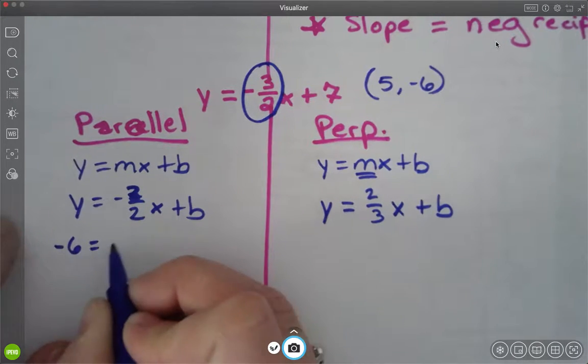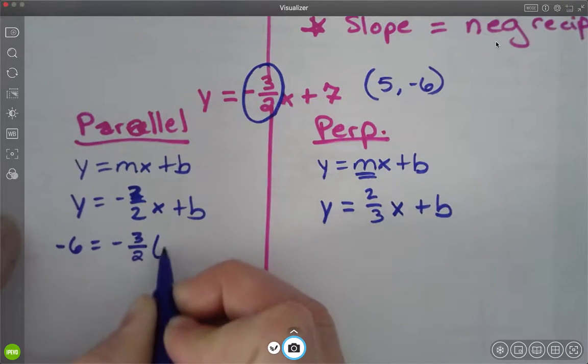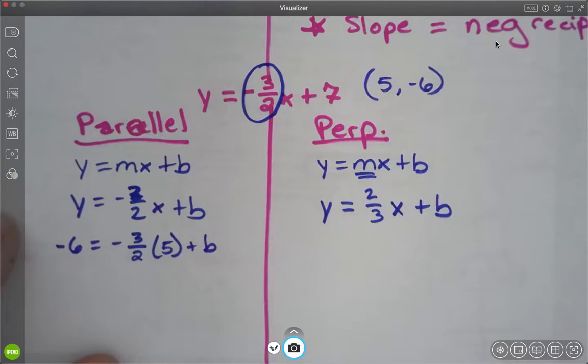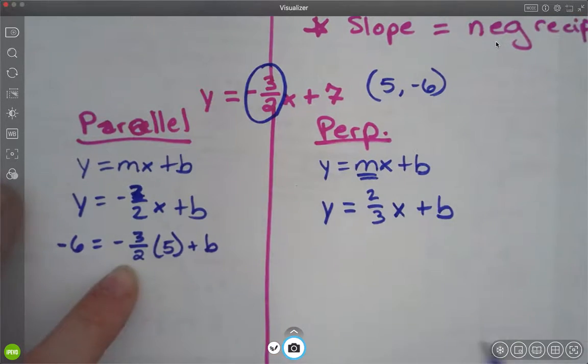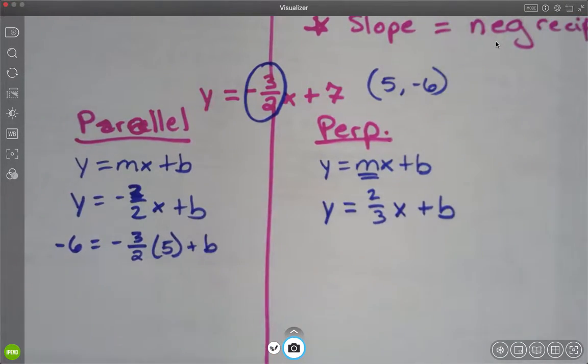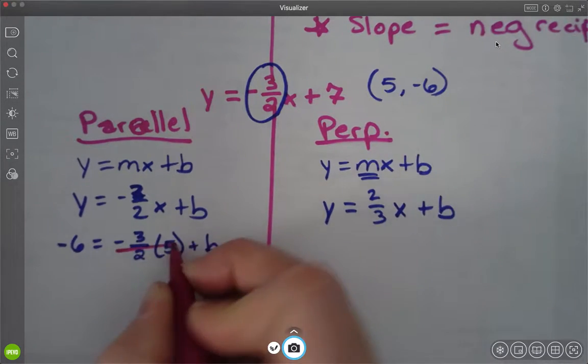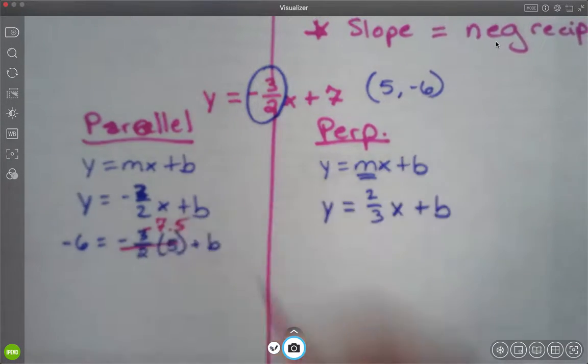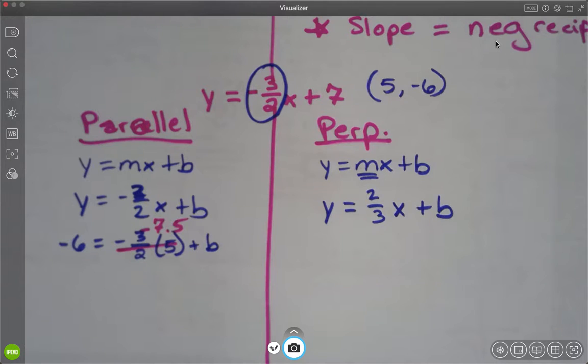So -6 equals -3/2 times 5, plus b. I think that's -7.5. Am I right? Yeah, I'm pretty sure. 3/2 times 5 is 7.5, so -7.5. Then how do I find b?